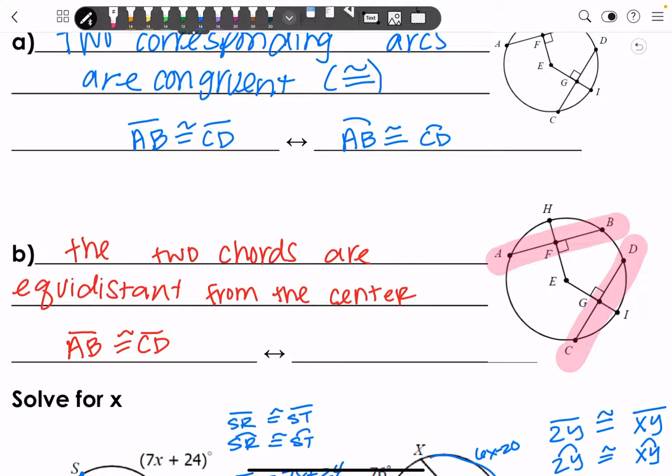These two. If and only if, meaning one cannot exist without the other, and that's that they are equidistant from the center, meaning these two parts right here, EF and EG, they are also going to be congruent.